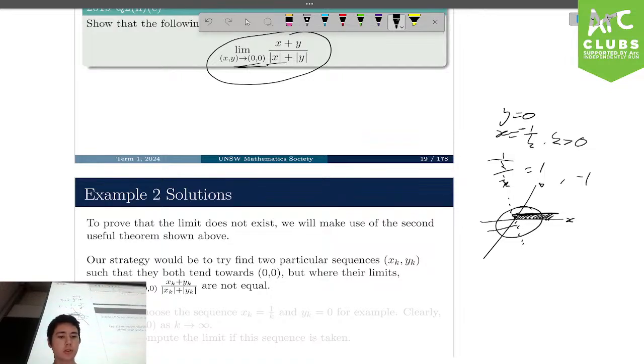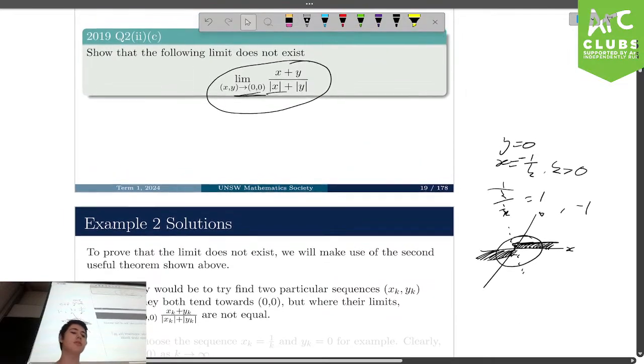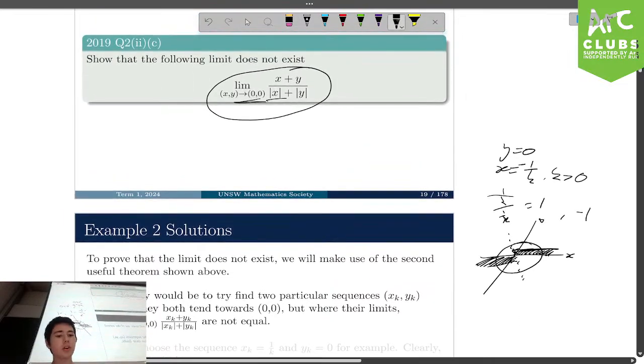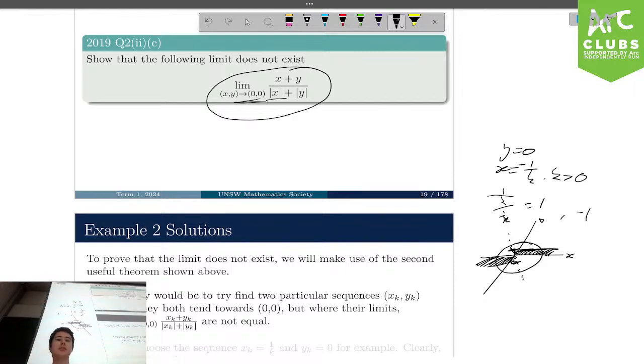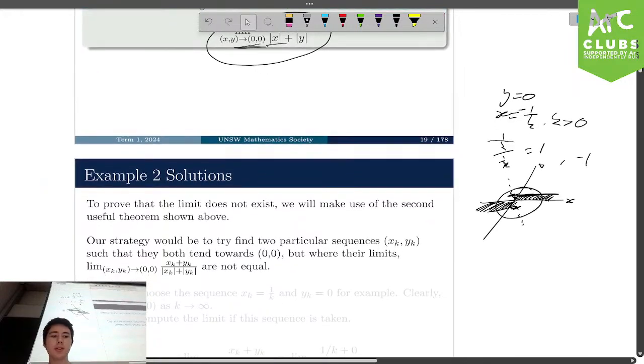And so we describe two interpretations of this function as they go to this point, which yield two different limit results. Well, if a limit is equal to two things, and it's a function, it doesn't quite work because functions are only valid for a single point, yeah? 1 to 1, pretty much.